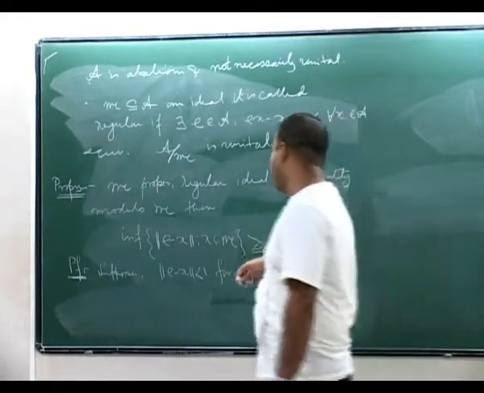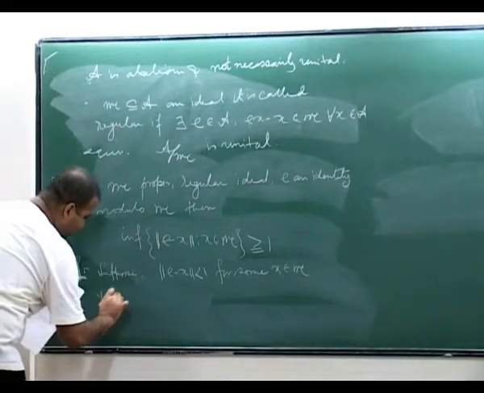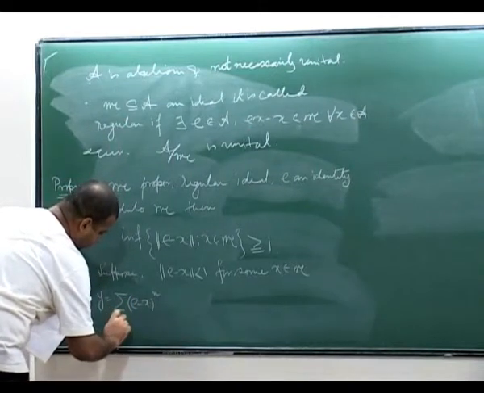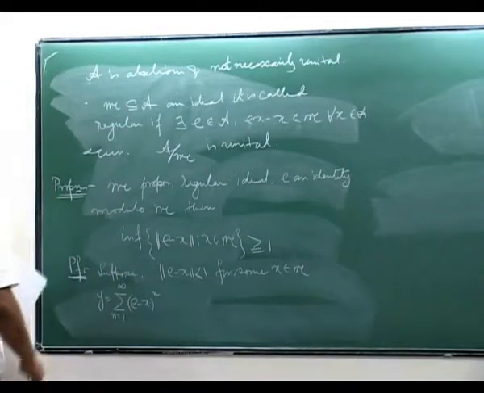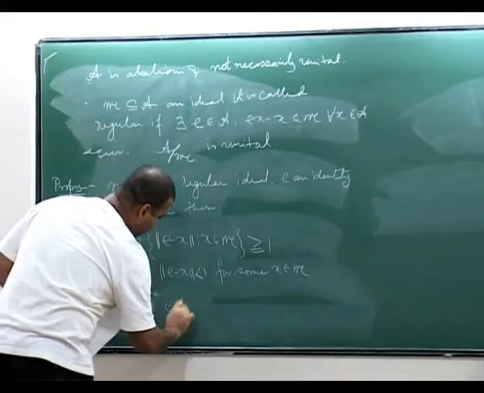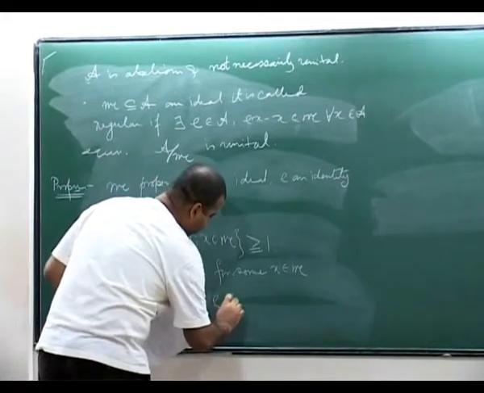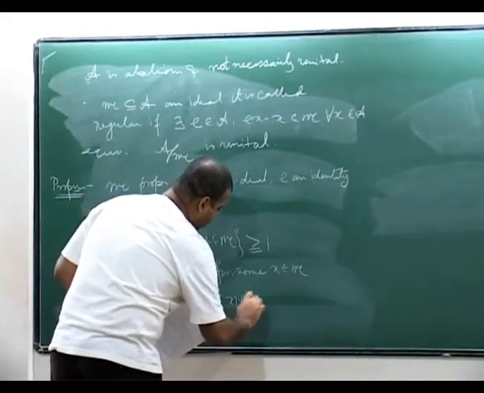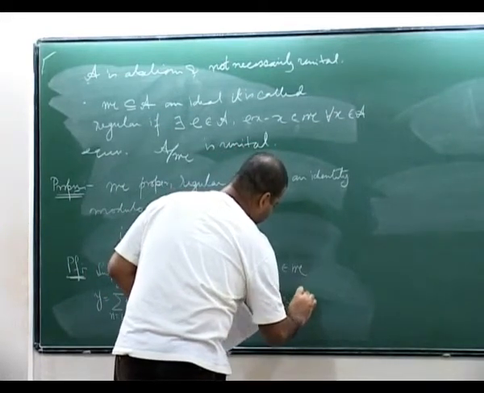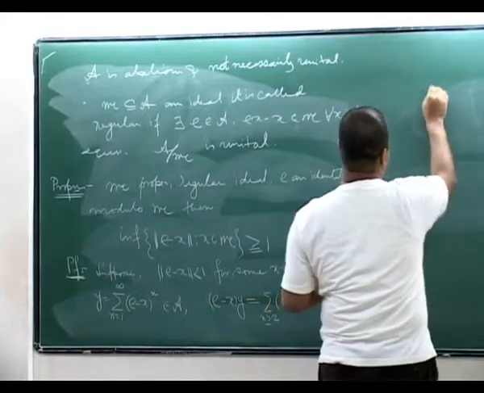Then you consider this quantity. Because of this condition this sum converges and this is an element of the algebra A, and then of course you observe that, so you have this equation.